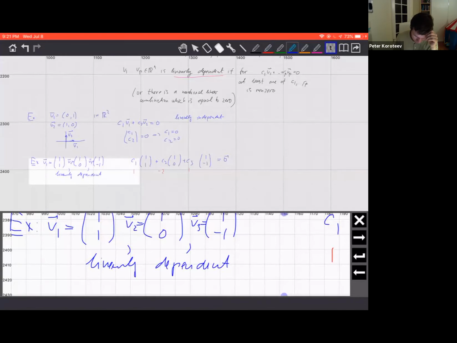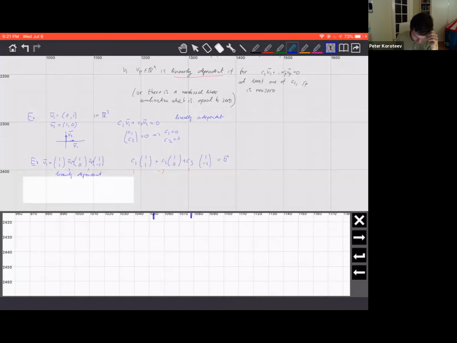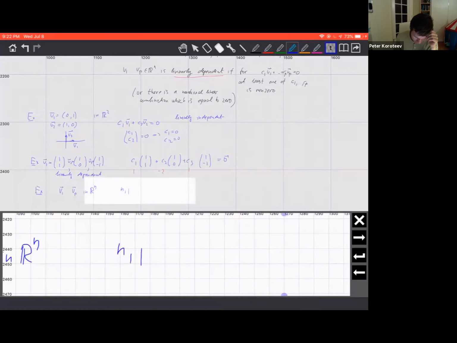And then you can guess that in general, if you have vectors V1 through Vp in Rn, what should be the relation between n and p?